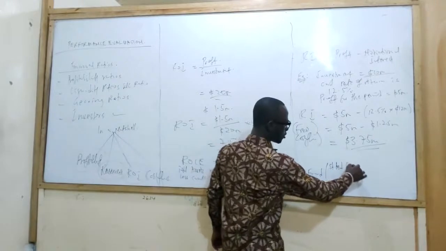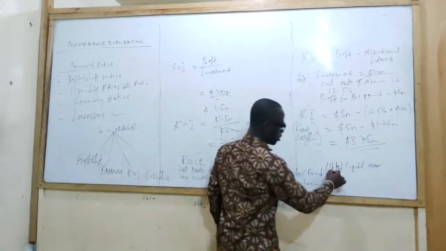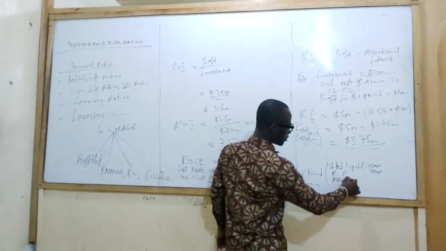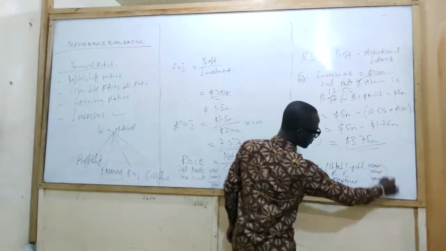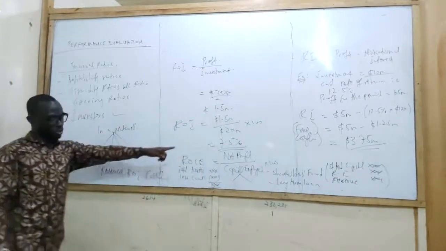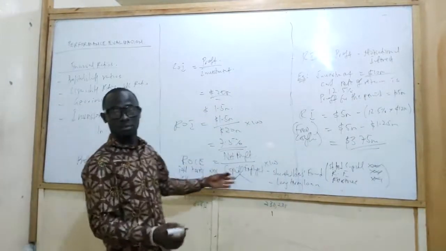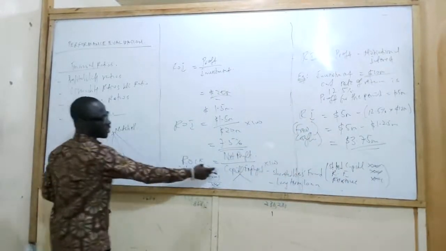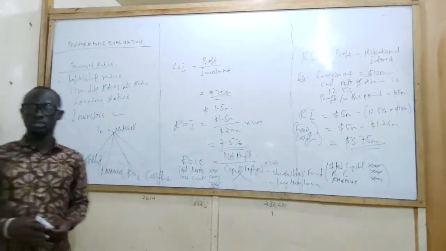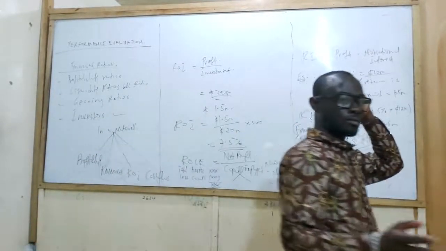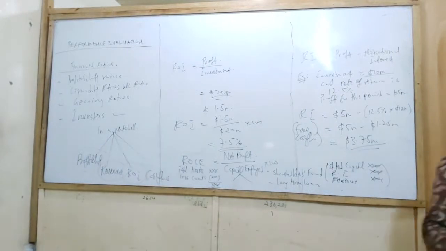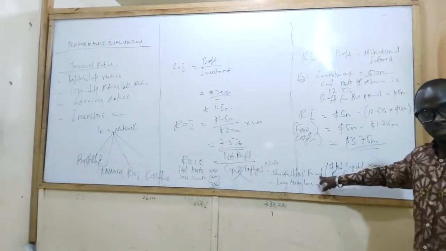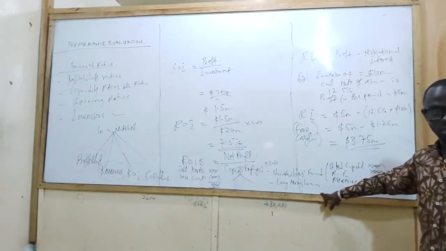Stated capital, retained earnings, and any reserves. Either this method or this one should give you the same answer for the capital employed. Does it make sense? Are you okay? Shareholders' funds plus long-term loan.